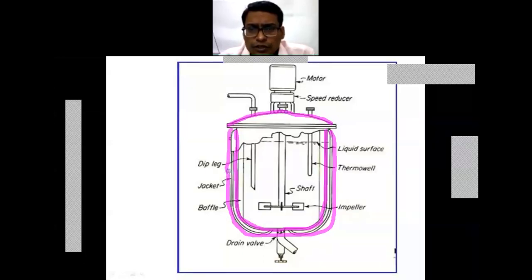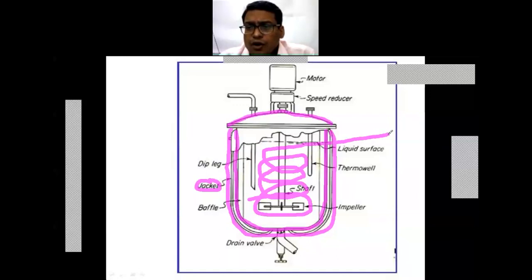This is the jacket that is to be provided for heating purposes. Or sometimes instead of providing jackets, I can provide coils, internal coils inside the vessel. So I can have the inlet and outlet for these coils for supplying the heat or removing the heat.